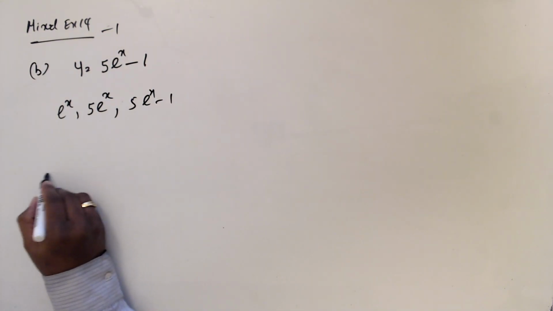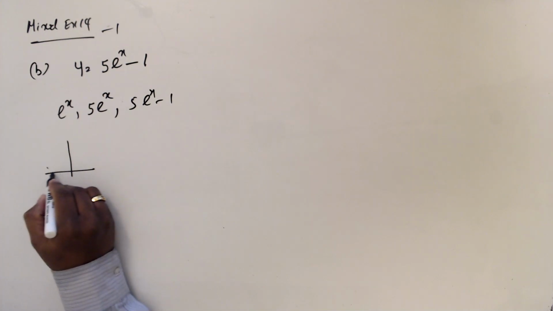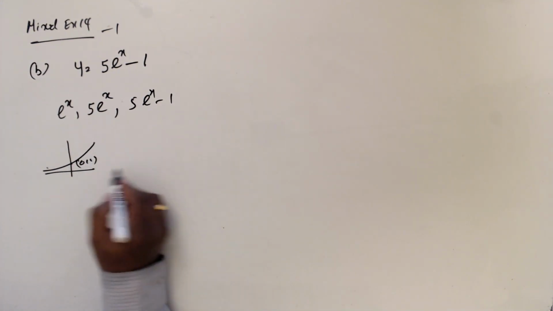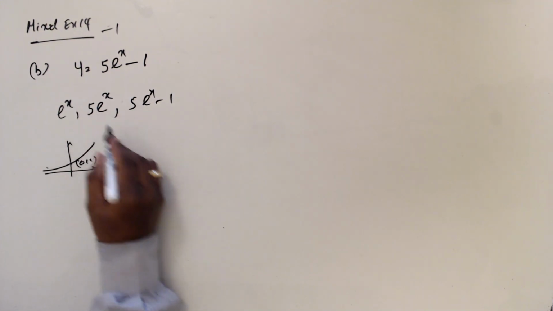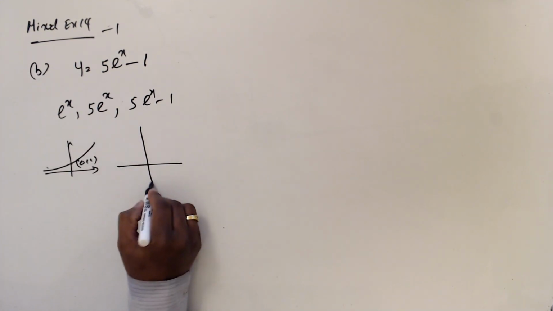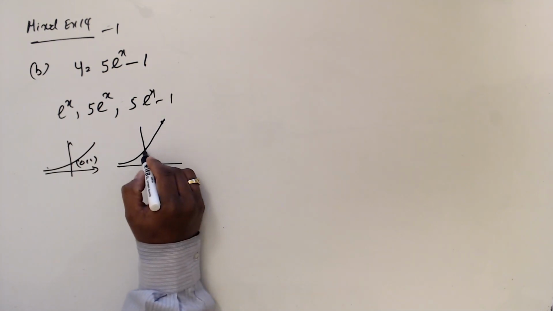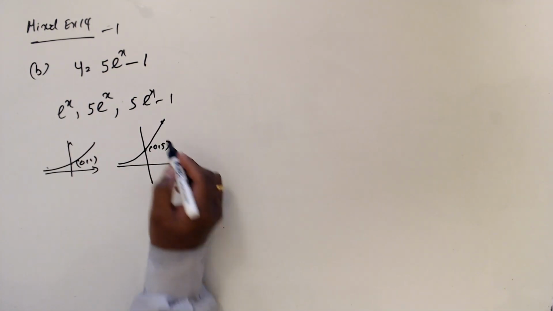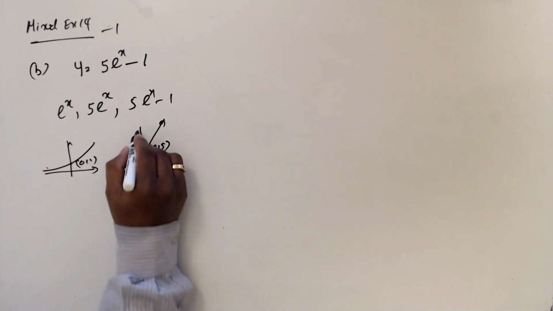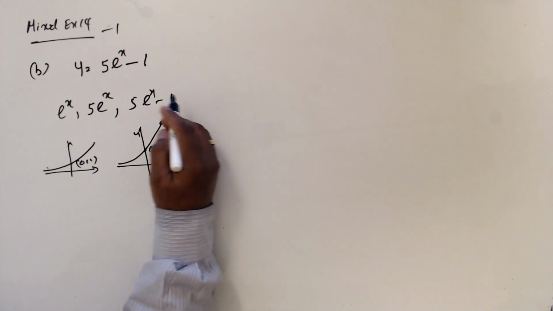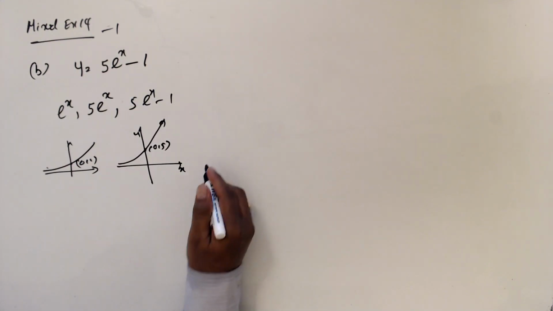We know that e to the power x is this kind of graph, going through 0, 1. Then 5e to the power x is a vertical stretch. This is going to be 0, 5. And for the translation, we want to shift this graph down by 1.